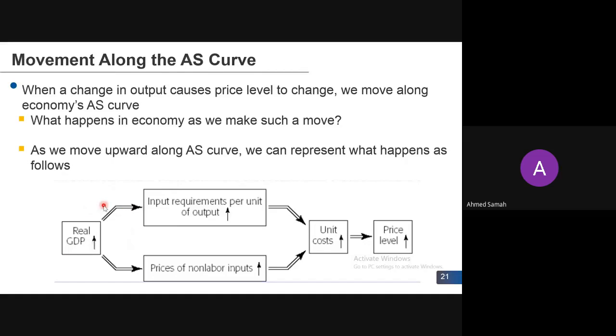Another is that the prices of non-labor inputs will also increase, which will lead to increasing unit costs of production. Then, because the unit cost increases, the firms will increase the prices they charge consumers. So that's how it goes.